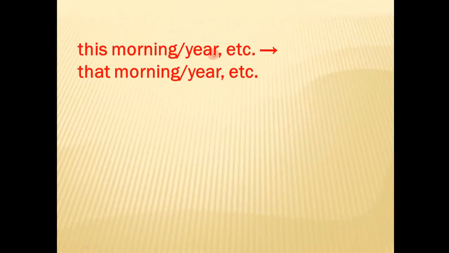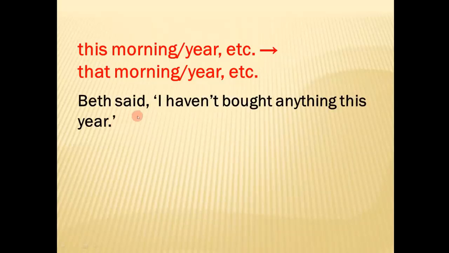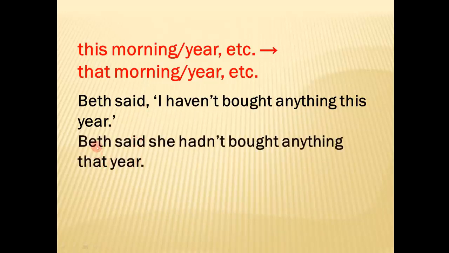This morning or this year, etc., becomes that morning or that year, etc. Beth said, "I haven't bought anything this year." Beth said she hadn't bought anything that year. Instead of this, we use that in reported speech.